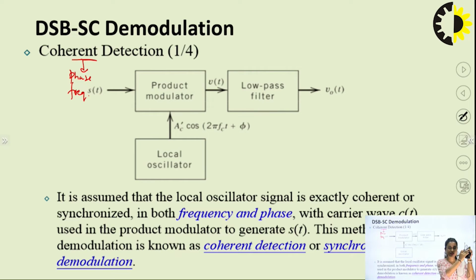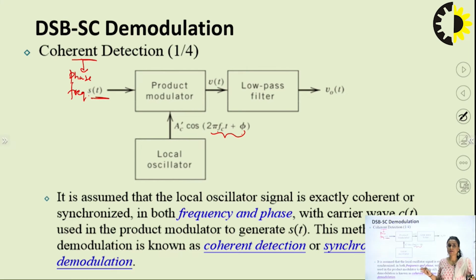When it reaches the receiver, I receive the modulated wave. So to my modulated wave, the first entry is a product modulator, and we know a product modulator has two inputs. One input is my modulated wave, another input that I purposely provide will be a wave which is coherent in phase and frequency to the carrier which was used at the transmitter.